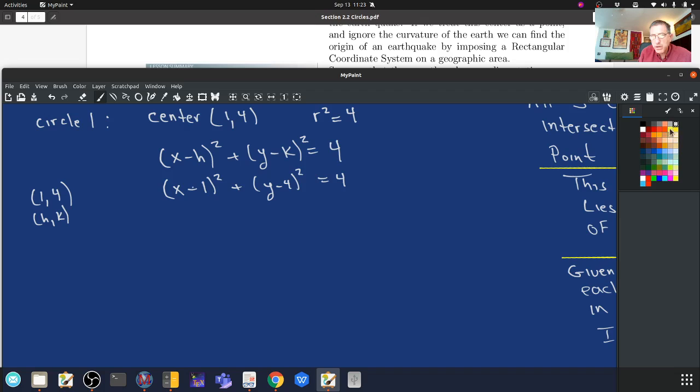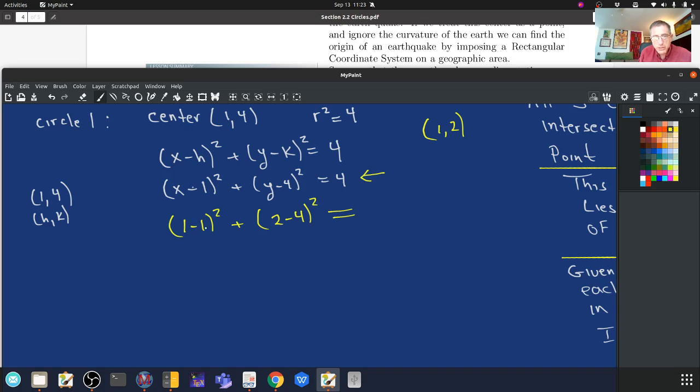So what do I want to know? I'm given the point 1, 2. Does it lie on this circle? So I plug in for x 1 and for y I plug in 2 and I ask myself, does it equal 4?